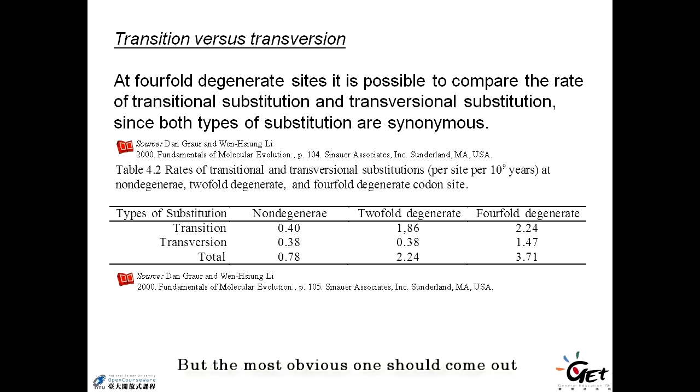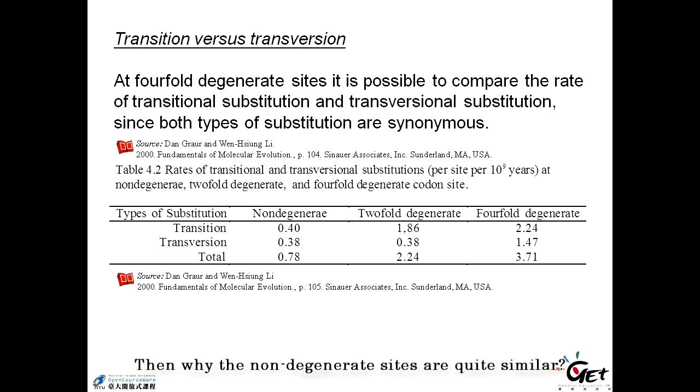The most obvious one that should come to mind is the difference in transition. Then come back and say, okay, why is there no difference in the non-degenerate site? Then come back to the first one. Given the mutation rate is different, right? That is how we explain the 4,4 degenerate site.